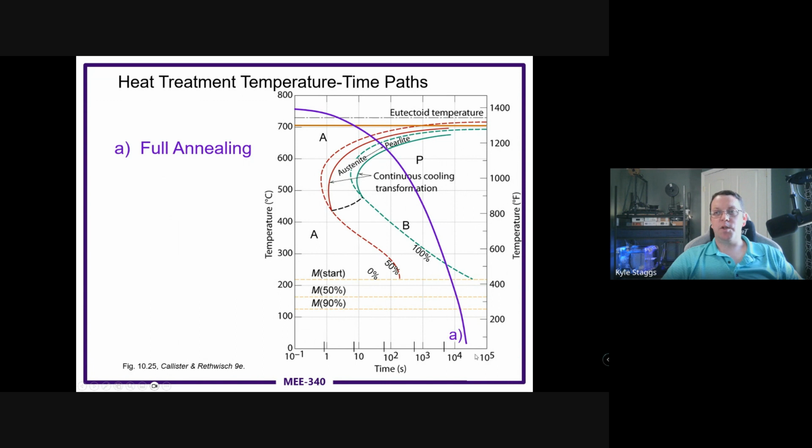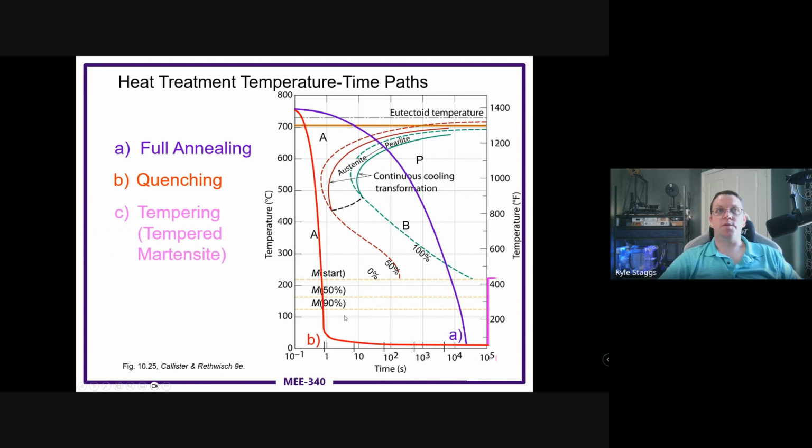So you want to cool very slowly in order to get that pearlite formation to do full annealing. Quenching just drops the temperature like a rock through whatever region you're in. So you're not going to get the same degree of pearlite formation. You're going to have a lot more austenite instead, which might be okay for some of what you're doing.